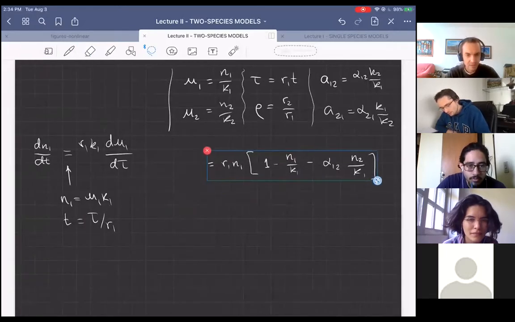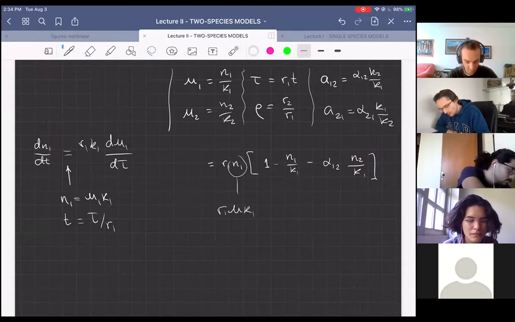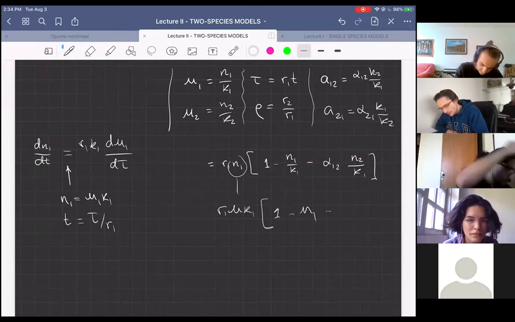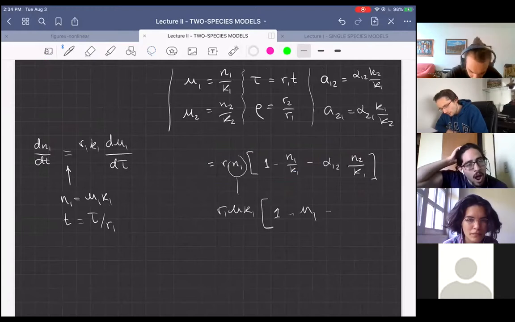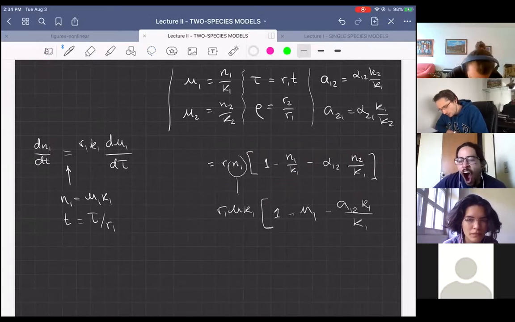That you guys will need to now change. You will substitute this n1 by u1 k1. This r1 stays the same. Now I have a1. N1 over K1 is going to be U1. Alpha 1,2 is going to be A1,2 times K1 over K2. And N2 is going to be K2 times U2.